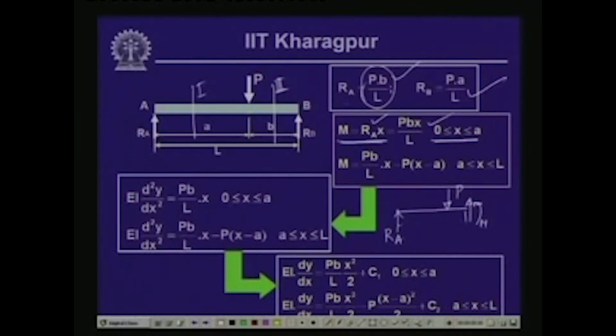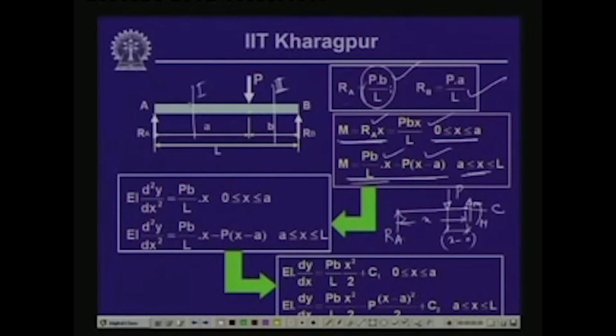This is the distance x from here, and this being A, this particular distance is x minus A. Now, if we take the moment of all the forces with respect to this point, let us call this cut point C. Moment at C will be equal to R A times x, R A being P B by L, so P B by L times x minus P times x minus A. This is the expression for the bending moment, and it is valid from A to L, the range of x wherein this particular expression will be used.